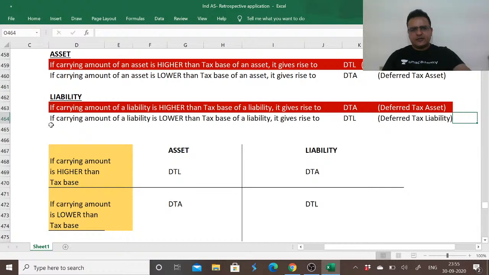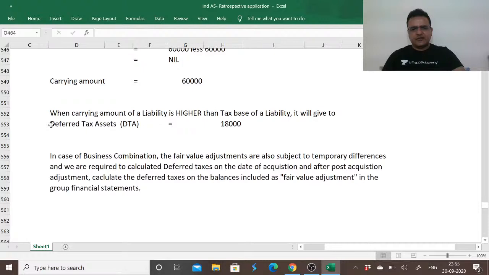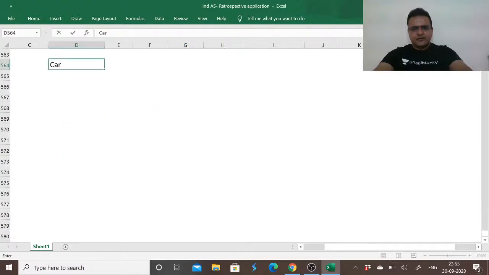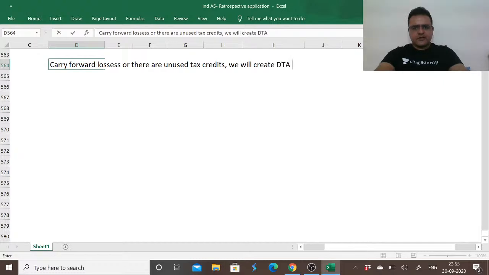The only thing you need to remember is that if there are any losses or unused tax credits, we'll create DTA to the extent we believe we will be profitable in future.